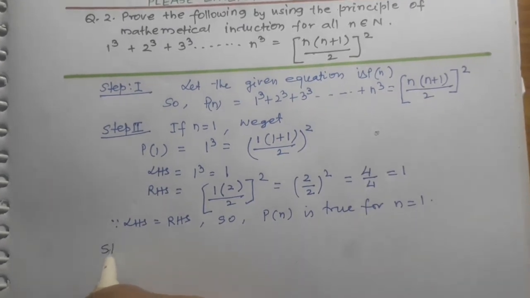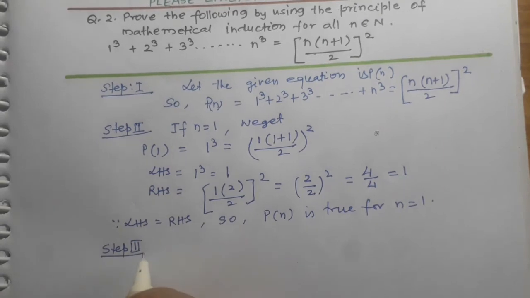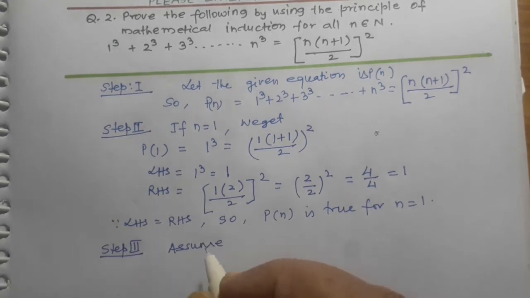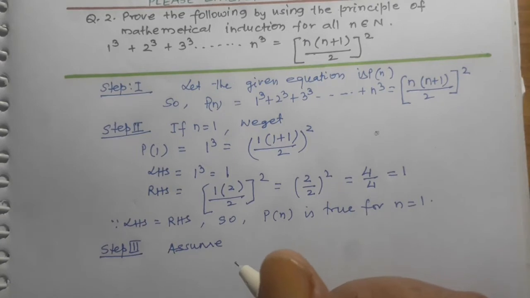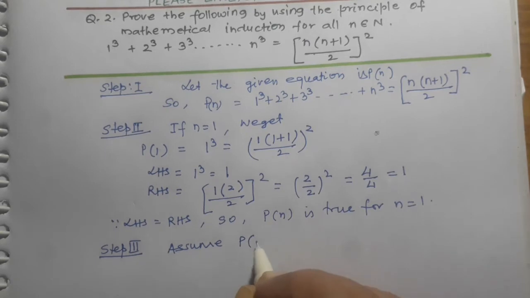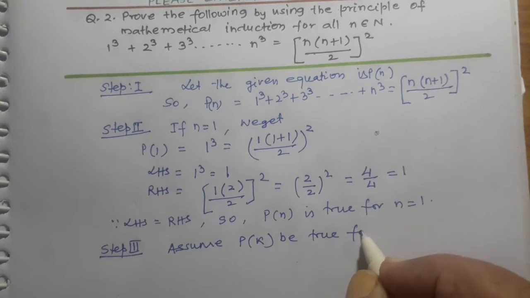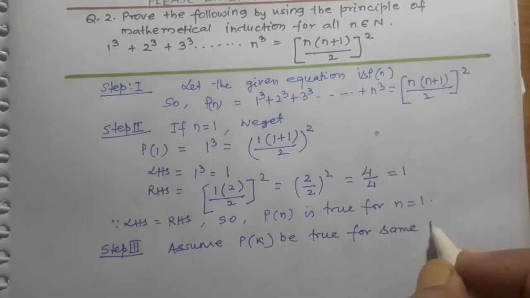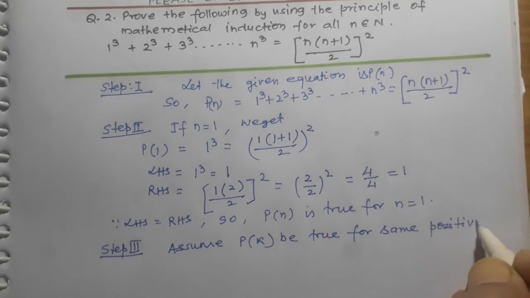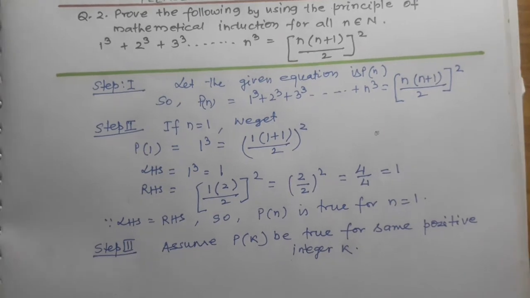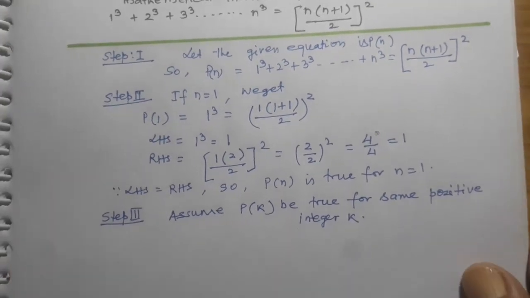The third step is: in the third step we assume any number k, which is an integer, for P. So assume Pk is true for some positive integer k. So at the place of n we shall write k now.